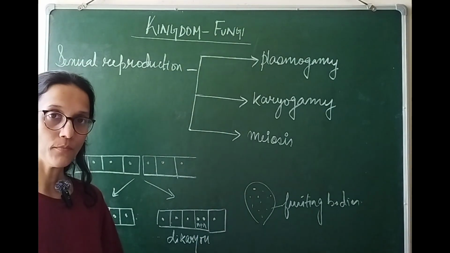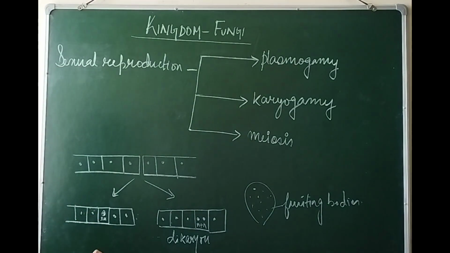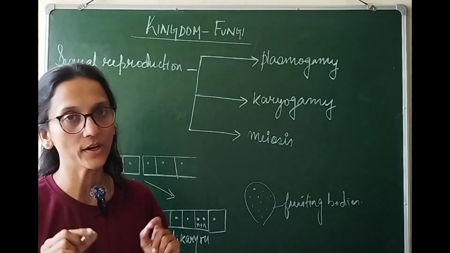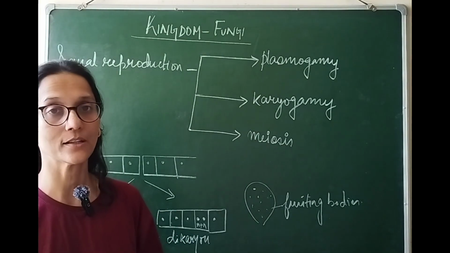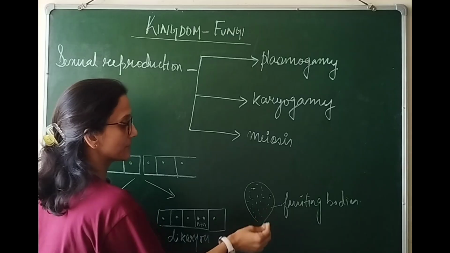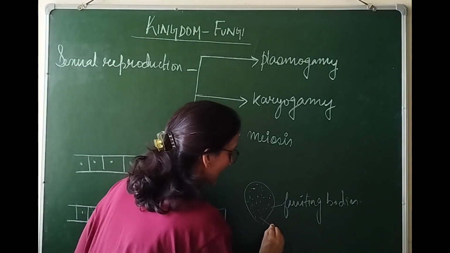So within the fruiting body, the diploid nucleus will now undergo meiosis to produce haploid structures, which will then undergo mitosis to increase in number. So now this fruiting body is filled up with haploid spores.